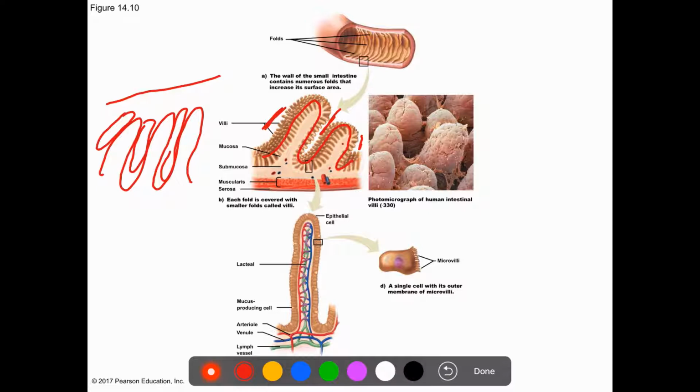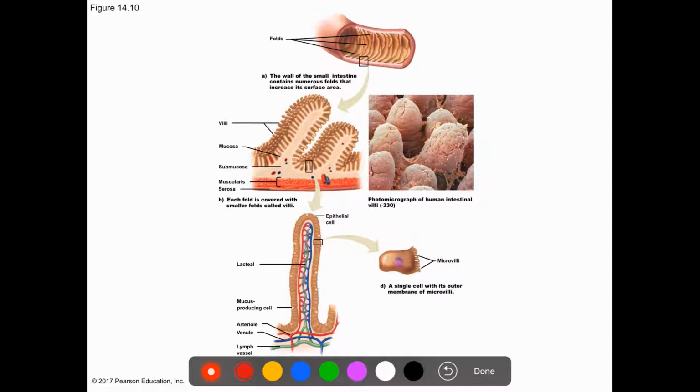The second one, that within these folds, as you can see, there are these finger-like structures. These are called the villi. This is the villi. So this is the second modification. So even the food can go between these villi, as you can see here, between these villi.